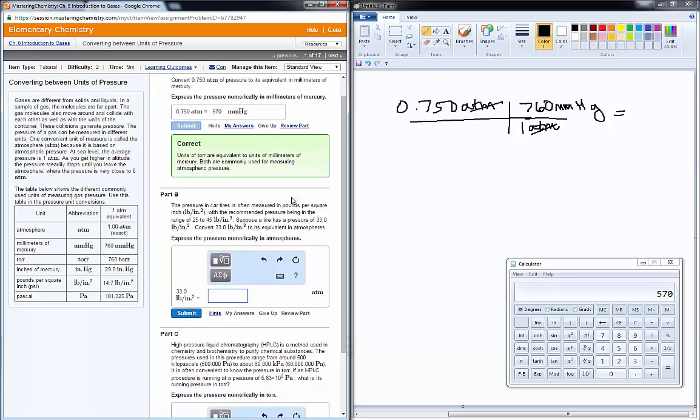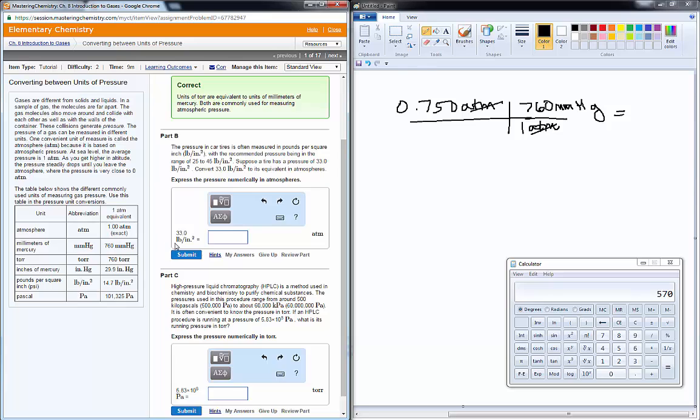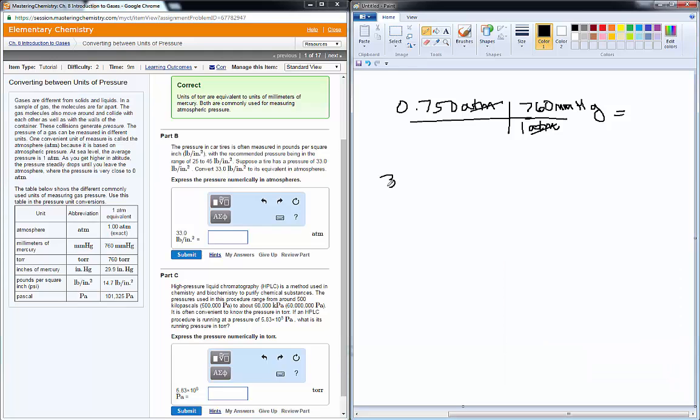Perfect. All right, for part B, if they give us pounds per square inch and they want atmospheres, that's easy. We can start here with 33 pounds per square inch. Sometimes that's also referred to as PSI instead of this lb over inch squared. And we see here that 1 atmosphere is equal to 14.7 pounds per square inch.